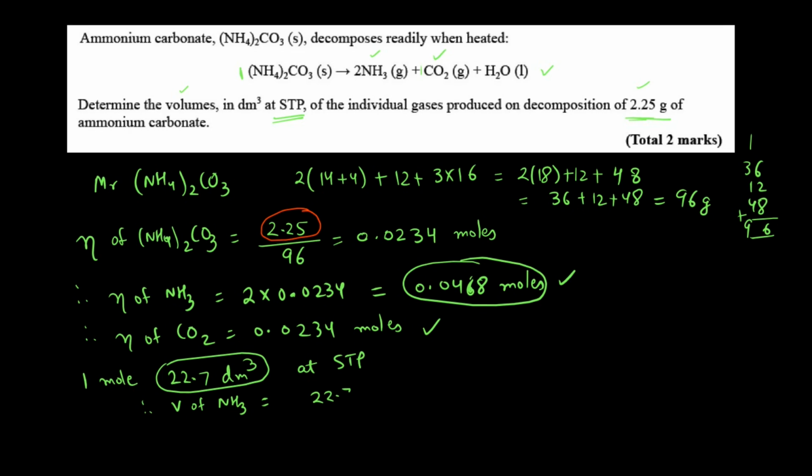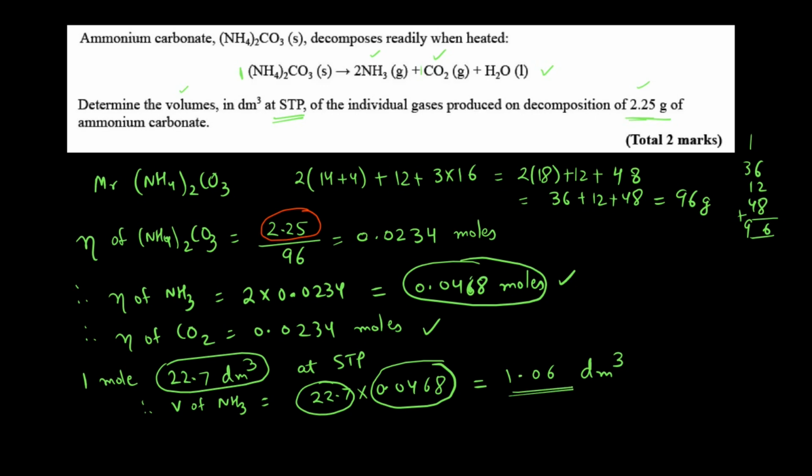So 22.7 multiplied by 0.0468 comes out to be 1.06. We have to report in three significant figures, because both are three significant figures, so we report our answer in the least significant figures.